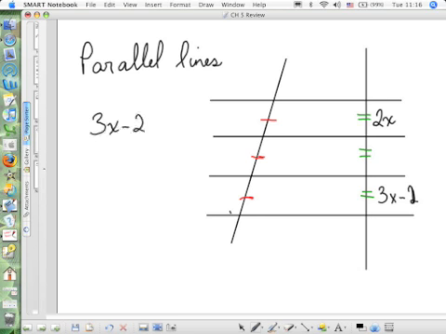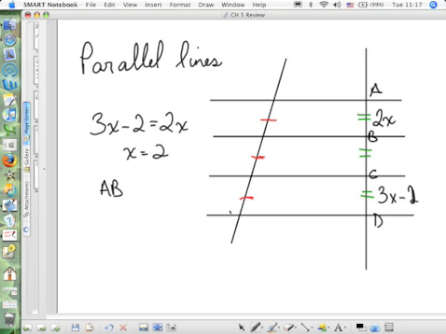Now I could ask you several questions. Here I find that x is equal to 2. I could say, what's x? X is 2. I could say, suppose this was AB, CD. What is the length of AB? 2x, so AB is 4. It's 2 times 2.